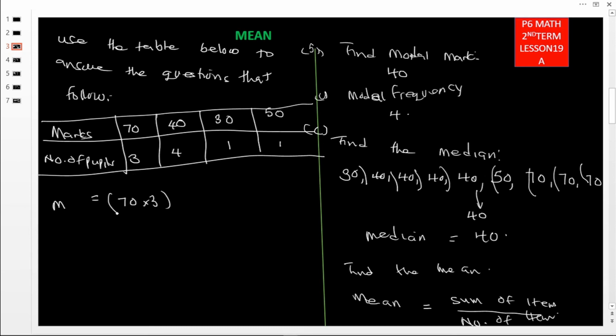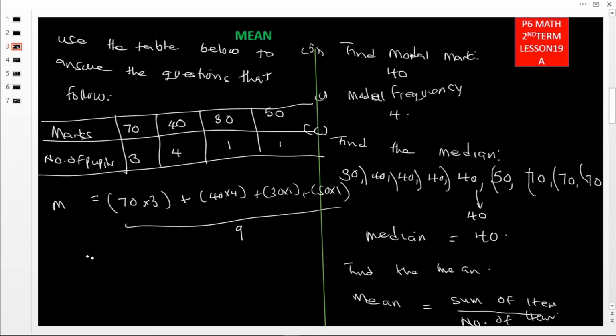Now we shall not write 70 plus 70 plus 70. No, that's hectic. Then plus we come to 40. How many 40s were there? There are 4 40s. Then plus 30, 130. Then plus 50, which is 150. Out of how many members? They were 9. Don't count this 1 2 3 4. No, they are not. These are just marks, and these are the number of times these marks were obtained. So we don't count this. We count the number of pupils as the total number of items.